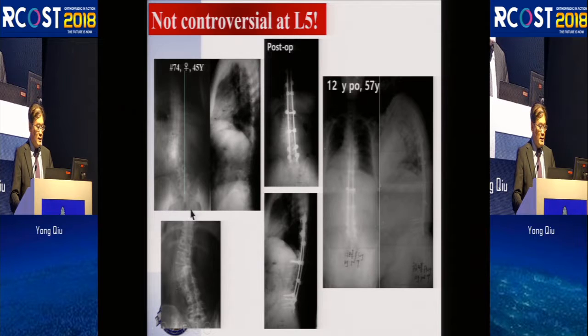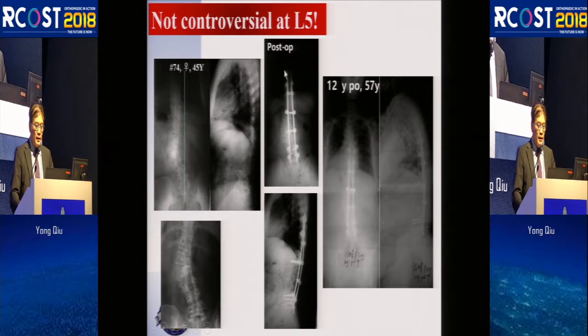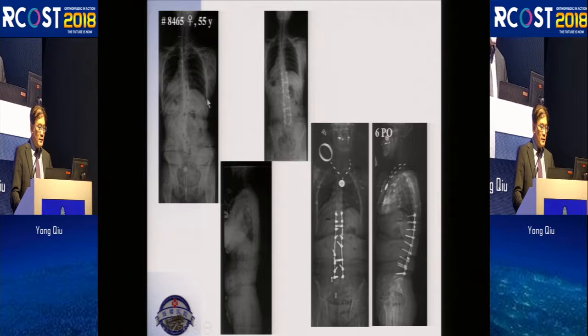For instance, in this patient, we stopped at L5. I think there is no controversy for this patient to stop at L5. With 12 years of follow-up, you can see both the sagittal plane and coronal plane are well maintained in balance. Here is another patient, 55 years old, degenerative scoliosis.